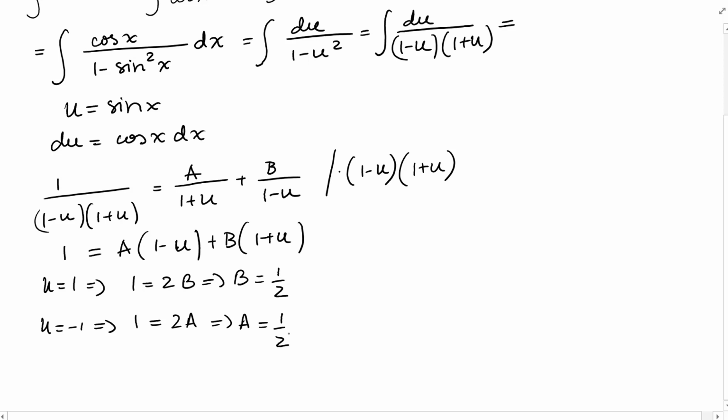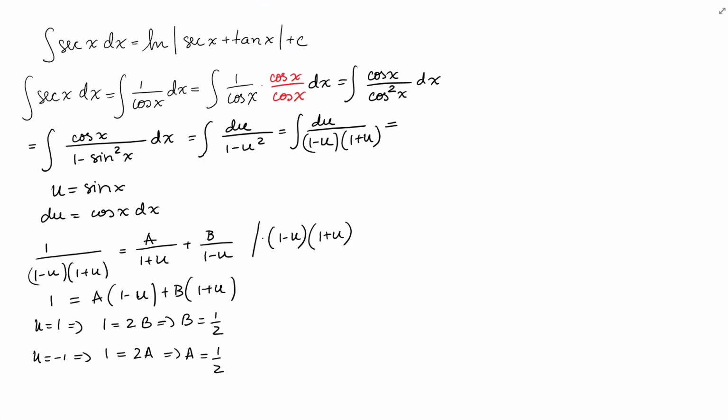So going back into our integral here, we are going to have the integral of a, which is a half, over 1 plus u du, plus the integral of b, which is 1 half, over 1 minus u du.